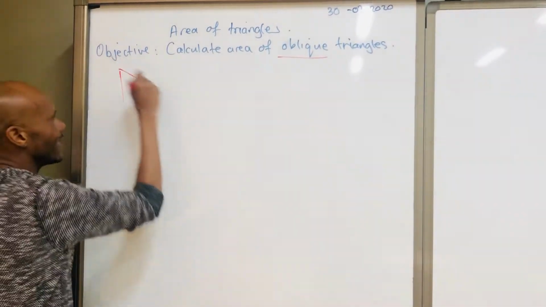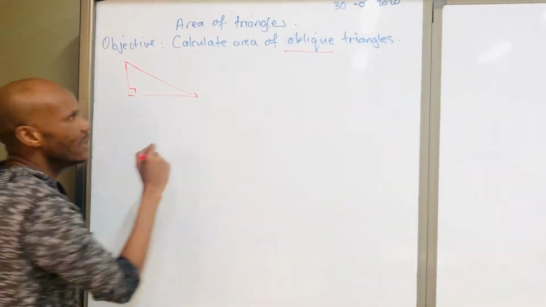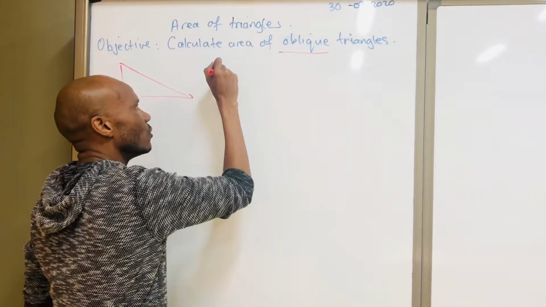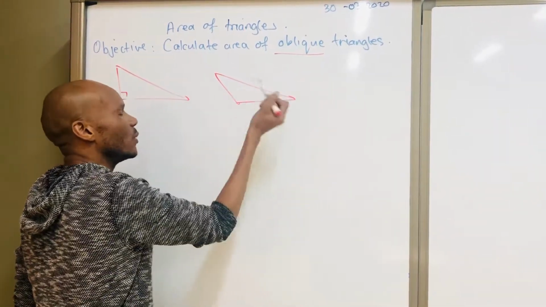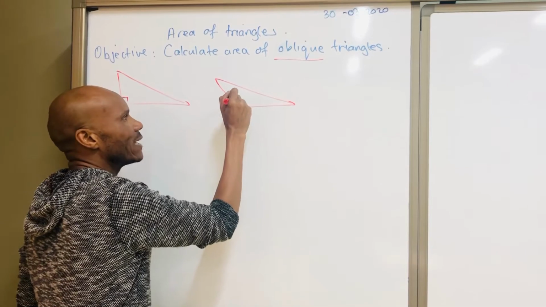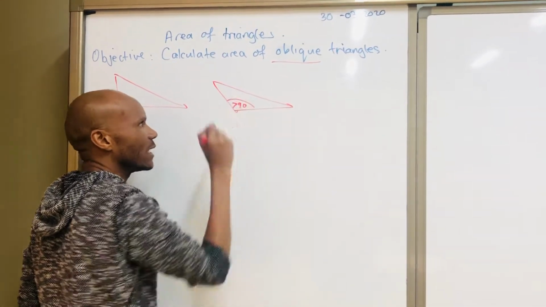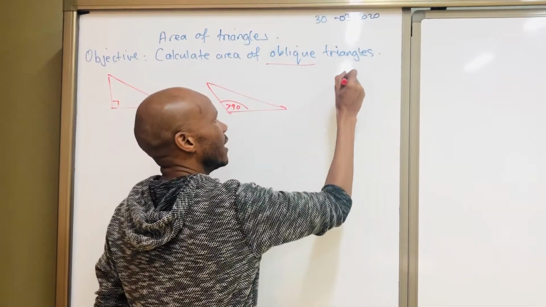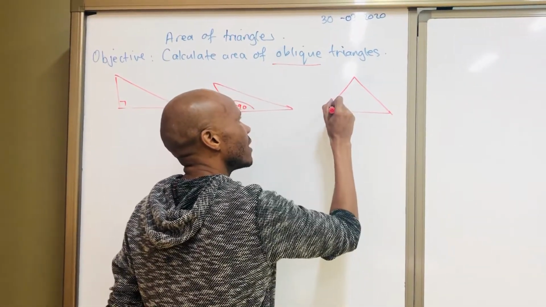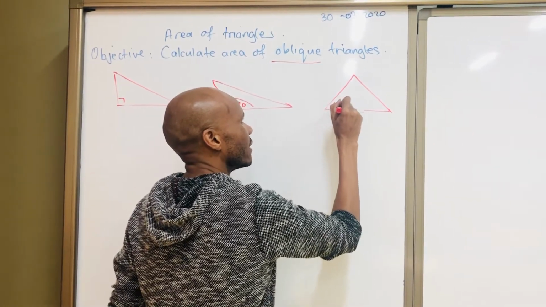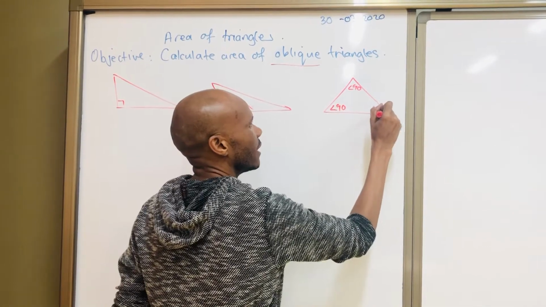We have a right angled triangle. We know it's a right angled triangle, right? But then we have a triangle like this where we have one angle which is more than 90. And we have a triangle here where all of them are less than 90.